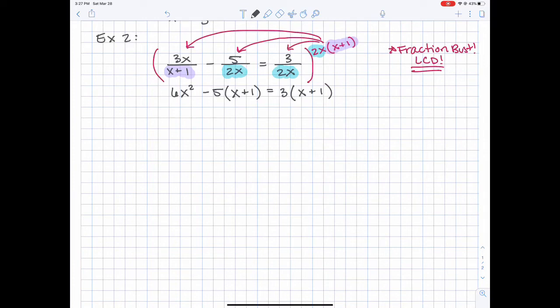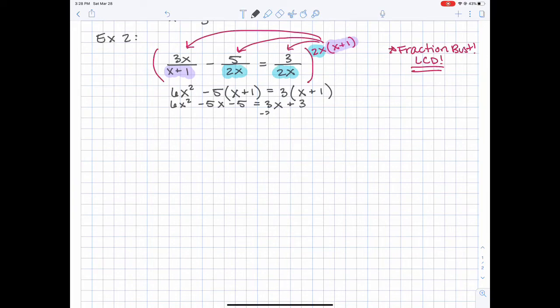Now from here, I have a quadratic equation. I need to distribute and set equal to 0. So I have 6x squared minus 5x minus 5 is equal to 3x plus 3.